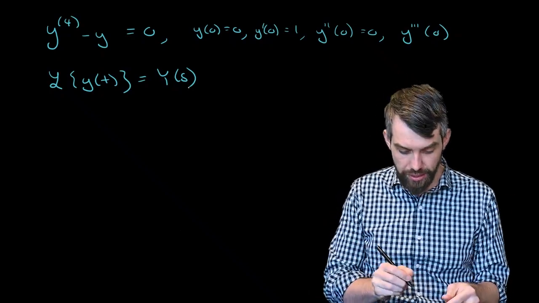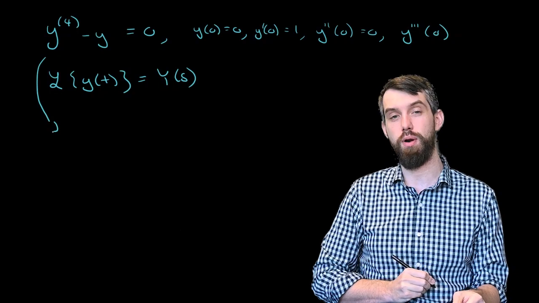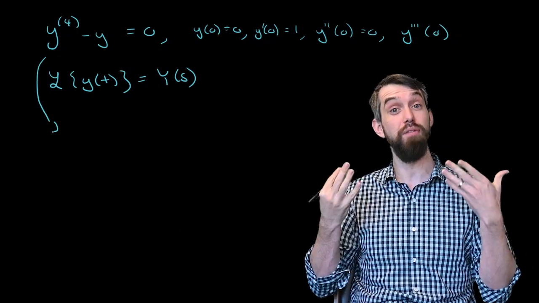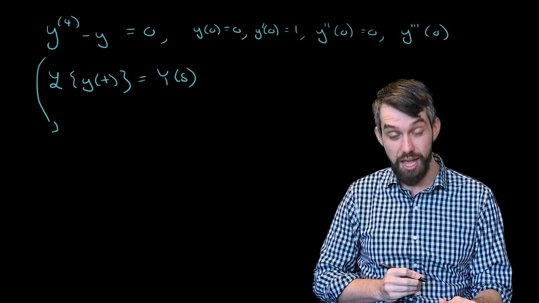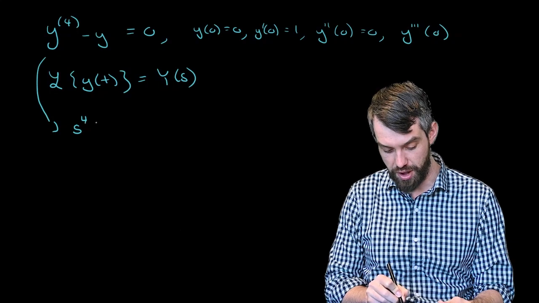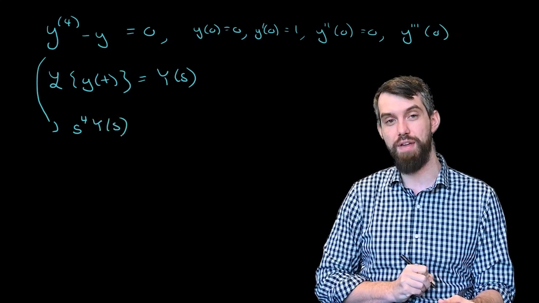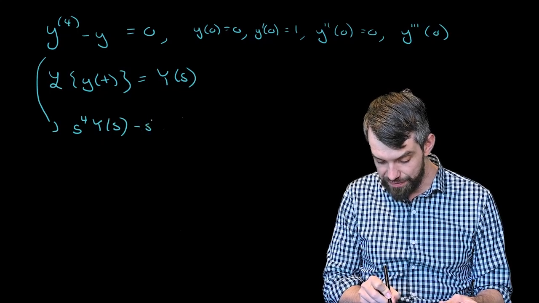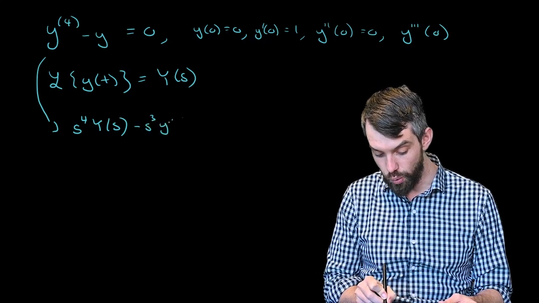All right, so let's apply the Laplace transform to our equation. The first thing I'm going to have to do is recall what the Laplace transform of a derivative does, and it works as follows. If I have four derivatives, I get an s to the fourth out the front, and then it just becomes Y of s. Then I have a cubic term in s, I subtract off s cubed, and then it's y of 0.